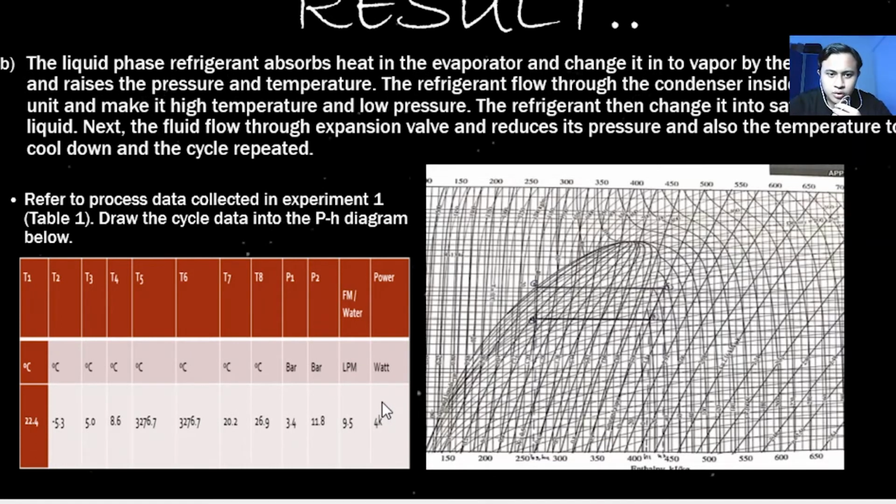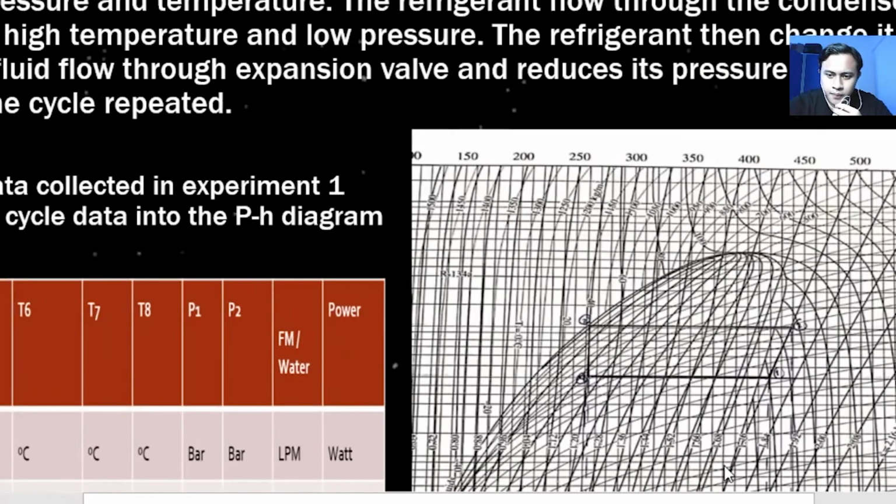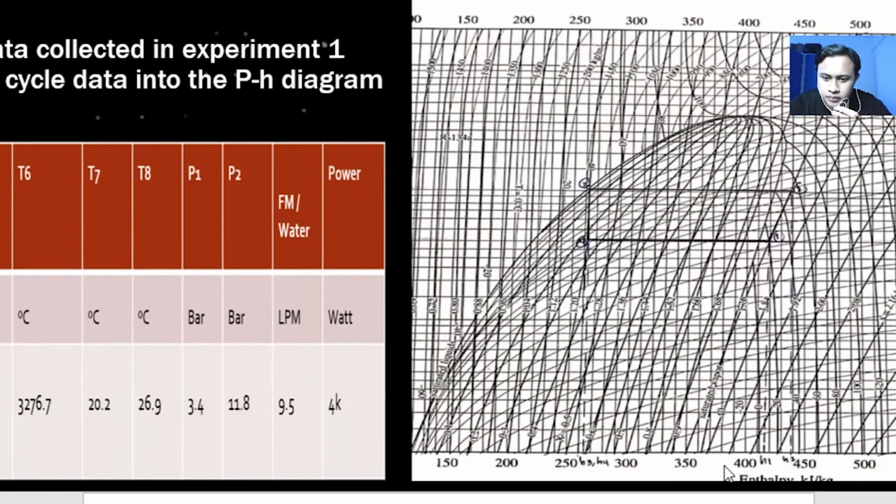So we need to draw the cycle data into the pH diagram. So we draw the line from the pressure, and then we need to determine the line that is near the saturated vapor line, and then we plot the point, then we find the enthalpy.